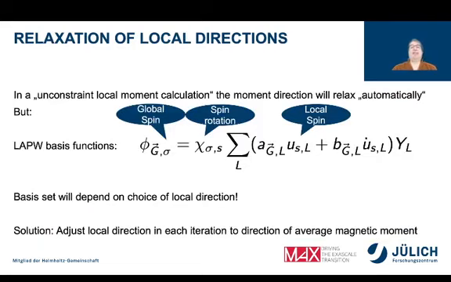When you want to relax the direction of the local magnetization, in principle you could say that if we don't make this approximation that the magnetization has to be collinear within the sphere, this should happen automatically, right? I mean, we don't constrain anything, and the magnetization should point in whichever direction it wants to point.